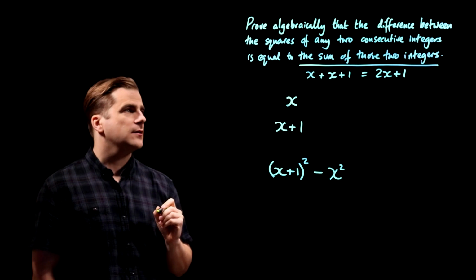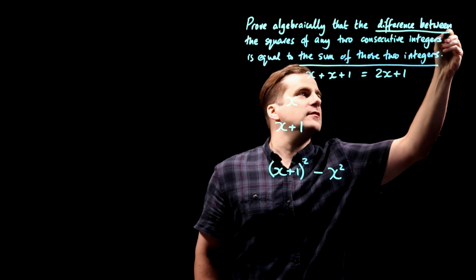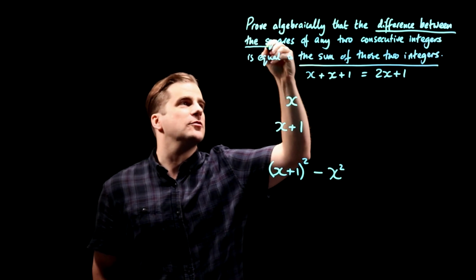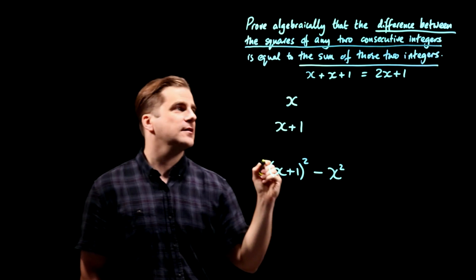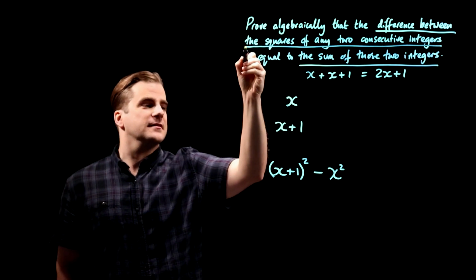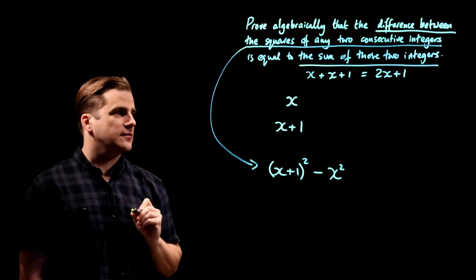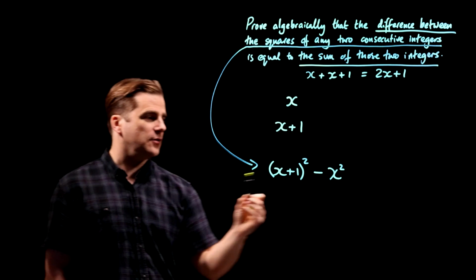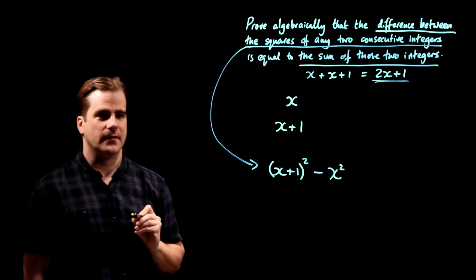Okay? So the difference between the squares of any two consecutive integers, right, that bit is that. So we've got to show that that equals that. Then we've won.